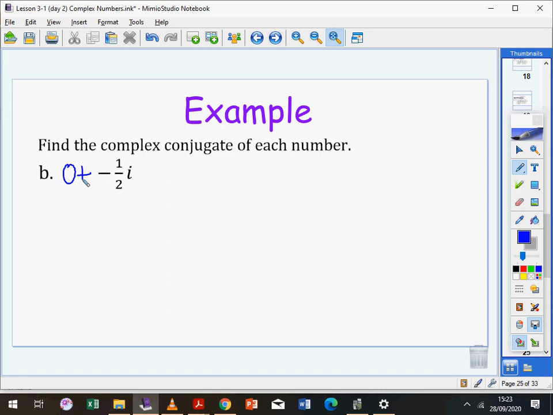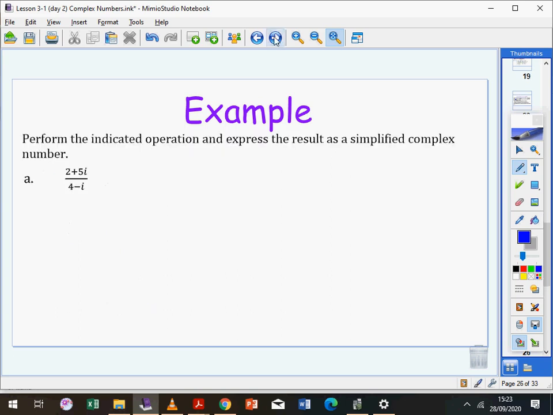If you want to find the conjugate, you simply change the sign of the imaginary part, so it will become positive half i. So basically that conjugate is half of i.